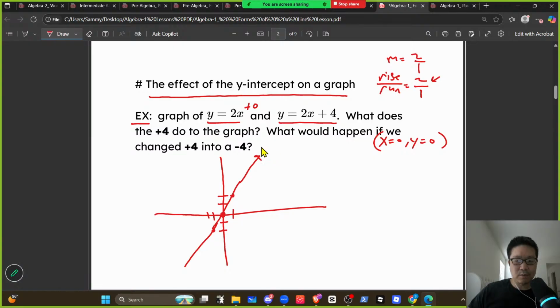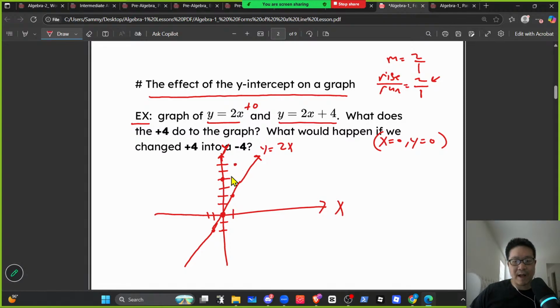I'm going to label this y equals 2x. And the line y equals 2x plus 4 is going to look like this. So we're going to start at y equals 4, the y-intercept, and move 2 units up and 1 unit to the right.